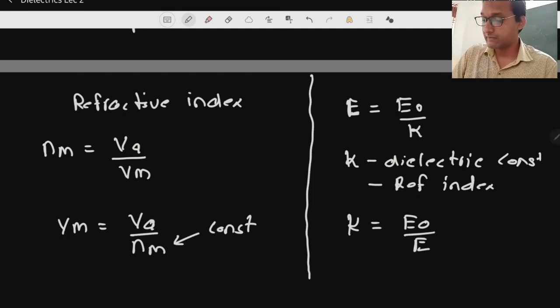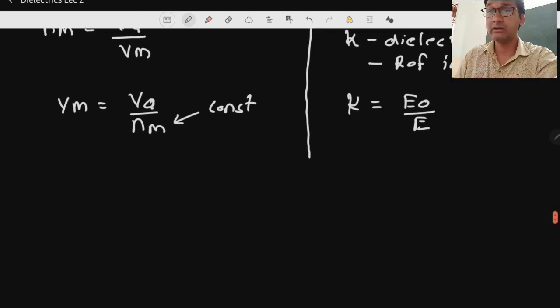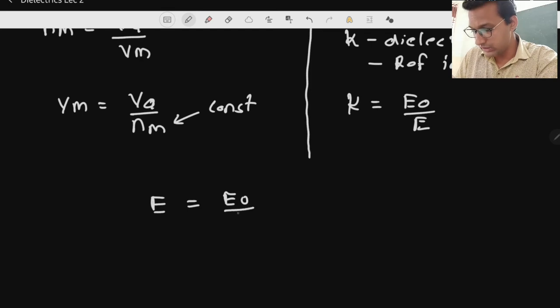So now we have a relation between the electric field in the presence of dielectric and the electric field in the absence of dielectric medium. That is, the electric field in the presence of dielectric will be equal to E naught divided by K. Let us call this equation number 5.